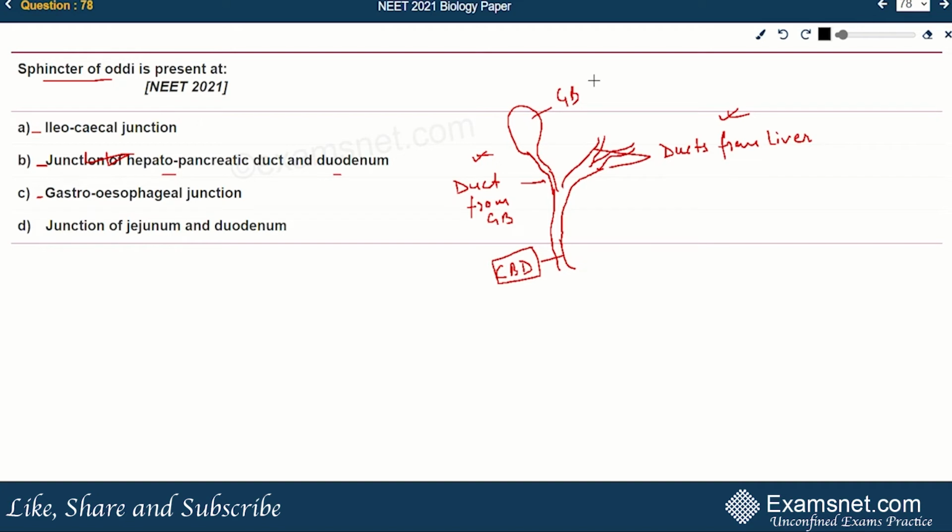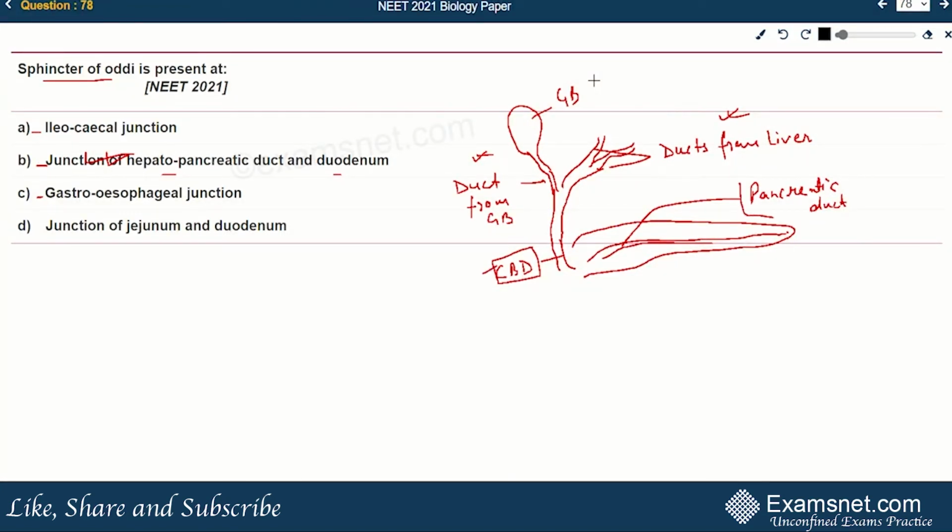Okay, now here is an important organ known as pancreas, and at this position you will find the pancreatic duct. So here you have common bile duct and here you have pancreatic duct. Okay, these two will open together in the first part of the small intestine, that is duodenum.